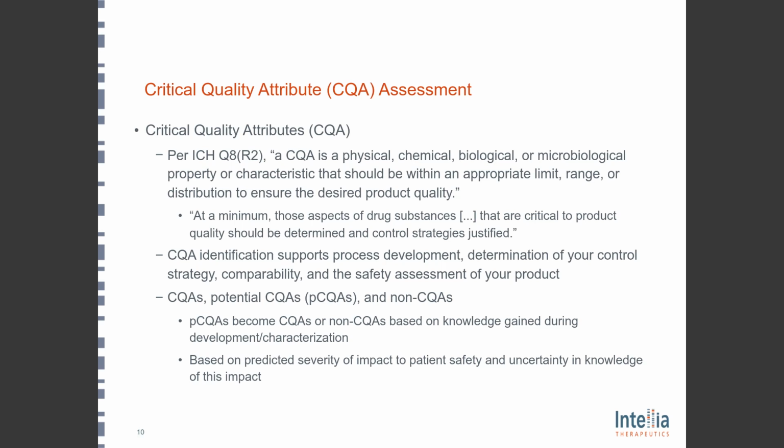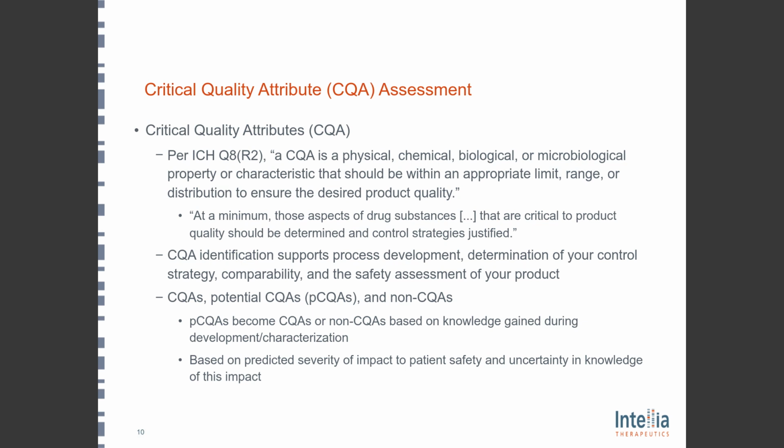So when you're looking at your quality attributes, you really want to be able to separate them early in the process into your critical quality attributes, those that you know to be critical before you even begin, your potential critical quality attributes, your PCQAs, and then, of course, your non-CQAs. So your PCQAs can actually become CQAs or non-CQAs based on your knowledge gained during development or characterization.